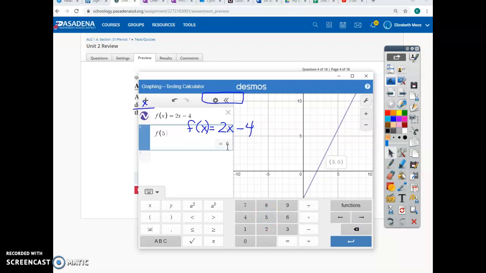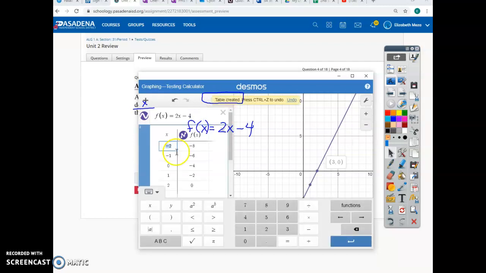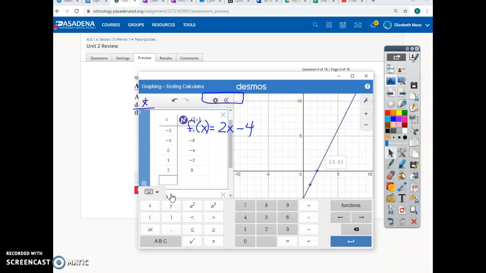That's how you do those problems. Or you can just hit the little settings button and open up the table for that equation and go look for all the x's and see what the y's give you. Okay, you can always type extra numbers here, like -4 gave me -12. 5 gave me 6.